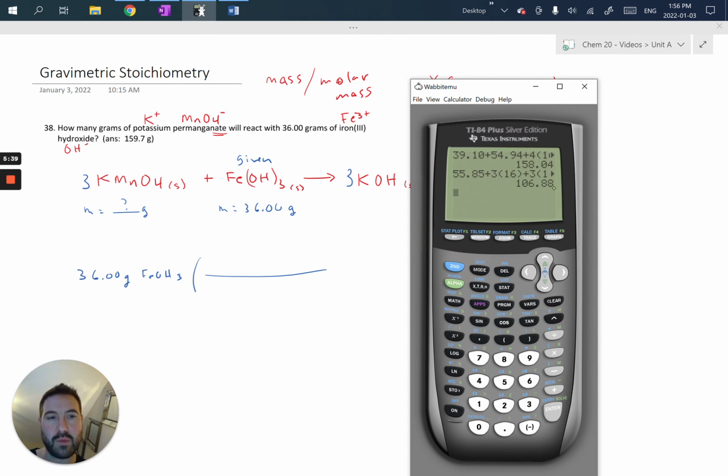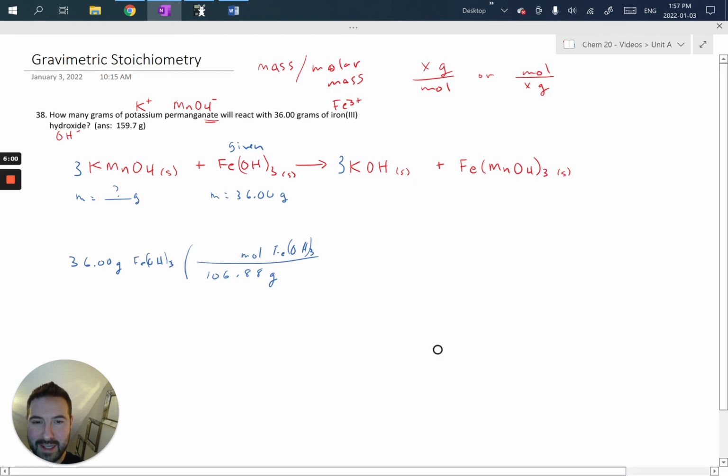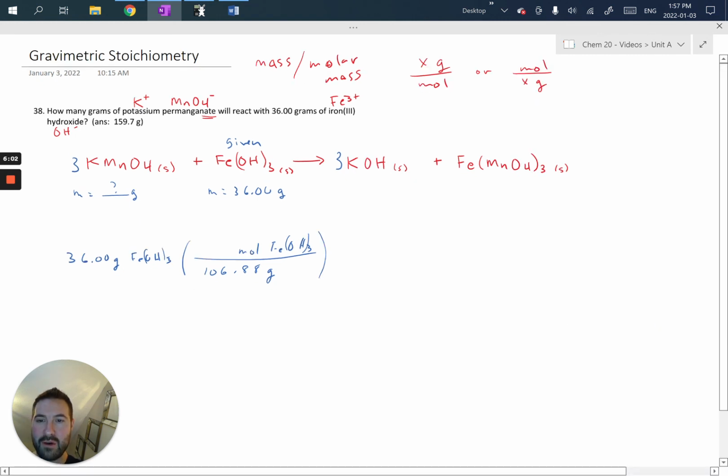So it's 106.88 grams per mole of this FeOH3. I'm trying to write on this vertically, so my writing's kind of messy here, but I think you guys got the idea. So now I'm converting my grams of that substance into moles using the molar mass.